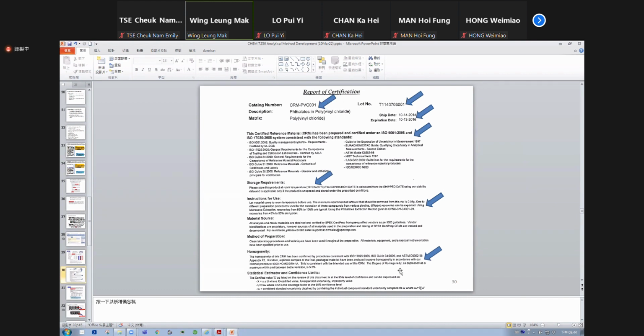And of course, you also need to check the homogeneity, and who the manufacturer is. The manufacturer should be accredited for ISO 17025 and also with this ISO Guide, the previous one, for CRM manufacturing organization accreditation.